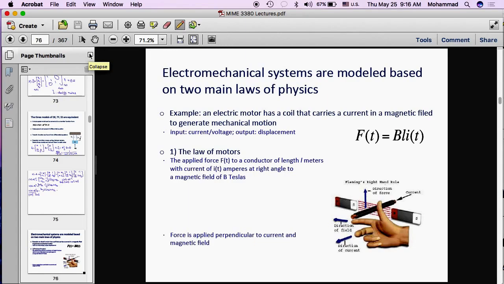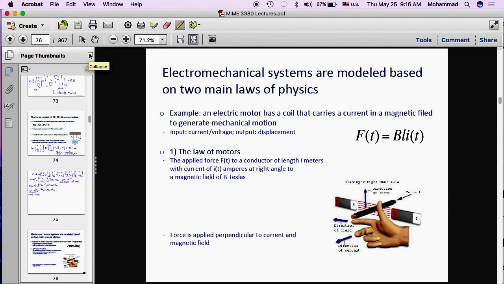So you have a wire that carries current, and this happens to be in a magnetic field that is perpendicular to the current. So you have a wire carrying a current I in a magnetic field with the strength of B, capital B, and the length of that wire is lowercase l. So we have three variables: current I, the length of the conductor, and the strength of the magnetic field.